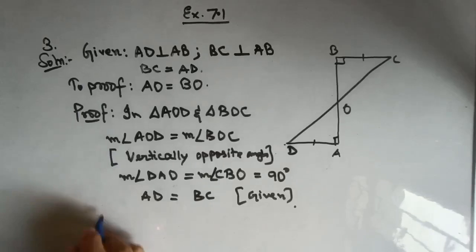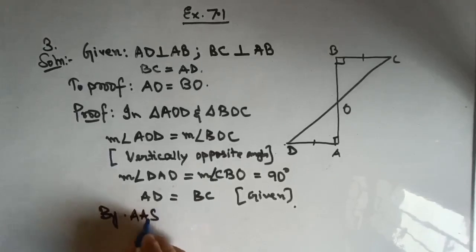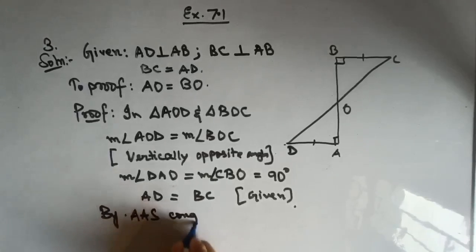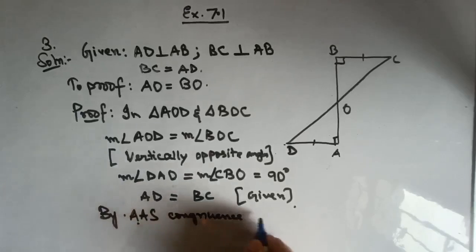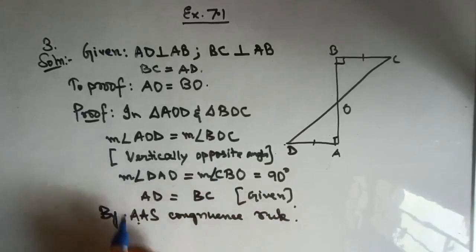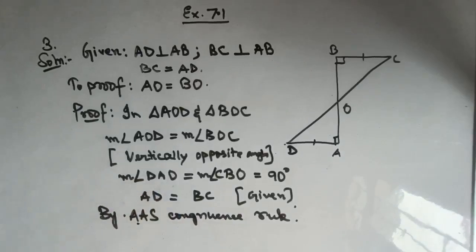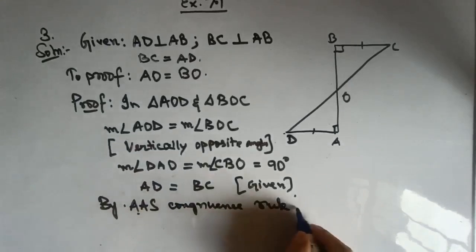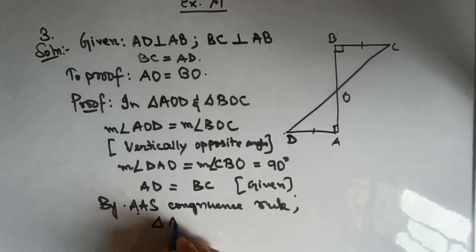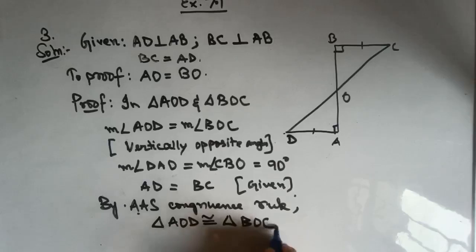So by AAS congruence rule, that is angle angle side congruence rule, two angles and one side are equal. So by AAS congruence rule, these two triangles are congruent to each other. That is, triangle AOD is congruent to triangle BOC.